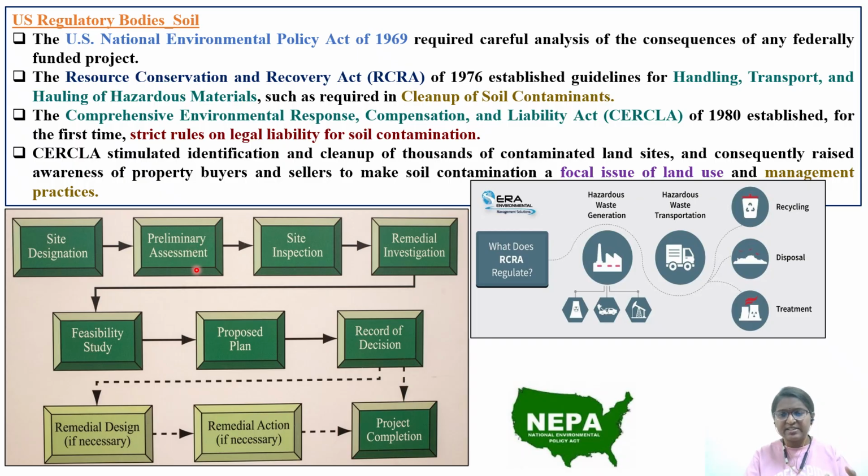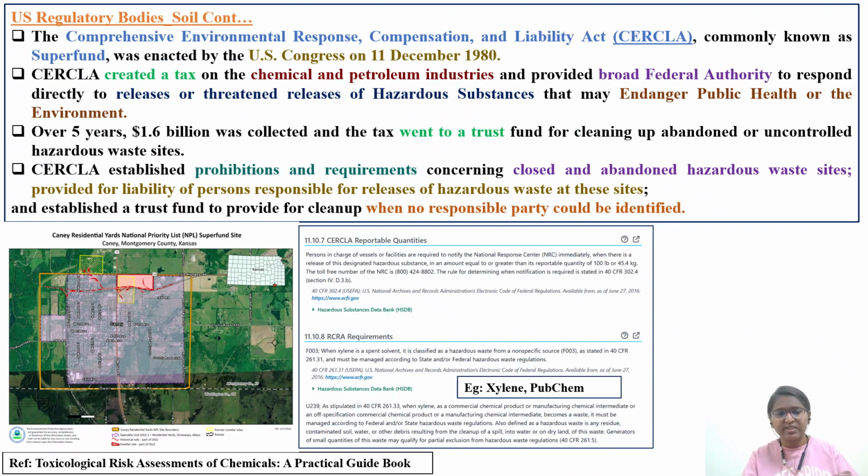They will take the soil sample or water sample, site inspection, then remedial investigation, then feasibility studies, field studies, proposed plan, record of decision, project completion, and if there is further remedial design necessary, if it has not been covered under the first revision or second revision, they will take remedial design and remedial action, then the project will be completed. Then that particular area will be delisted from this National Priority List. We'll see what this NPL is in the next slide.